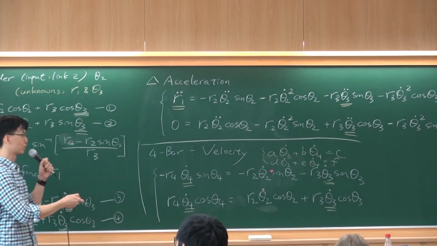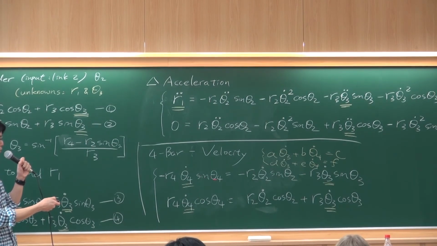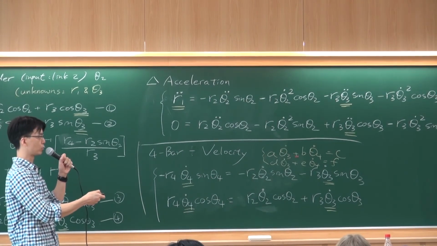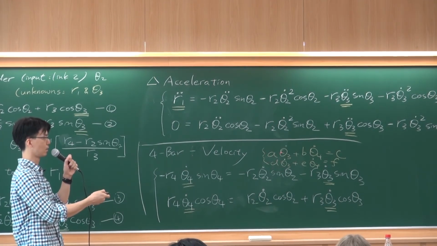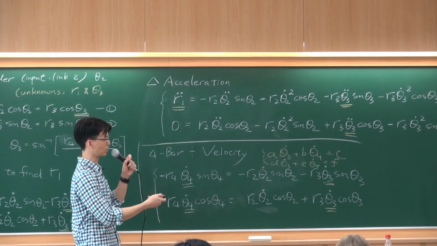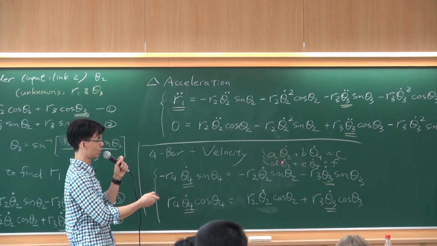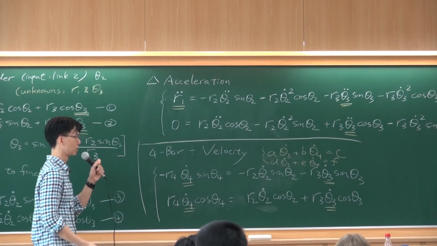Once you apply the position information into these two equations, you can rearrange them into this form: A theta 3 dot plus B theta 4 dot equals a constant, and again, D theta 3 dot plus E theta 4 dot equals another constant.